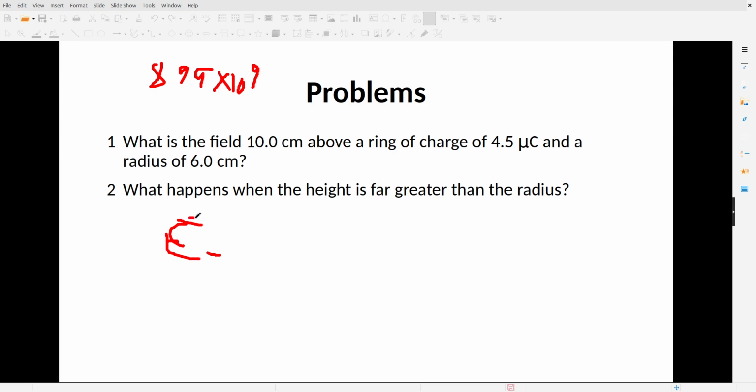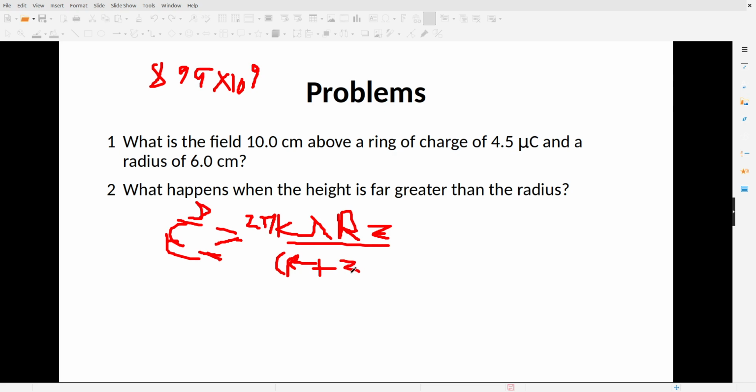E is going to be k lambda r z 2 pi over r squared plus z squared to the 3/2.